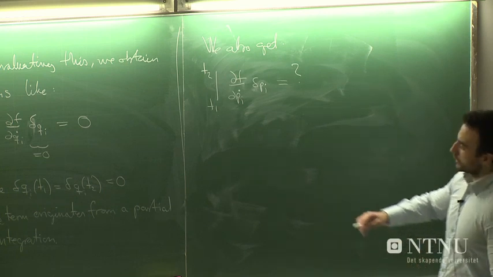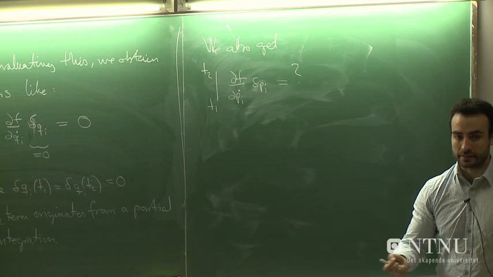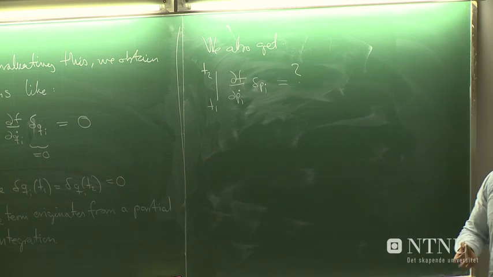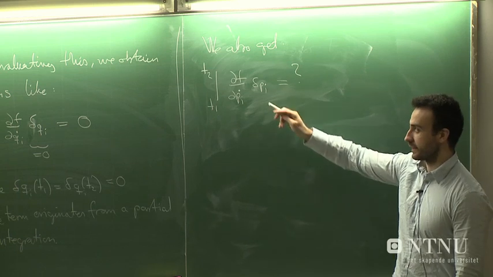Now, there is no formal requirement of having the variation of the momenta at the endpoint being zero. So we cannot immediately discard this term, saying that this is zero.